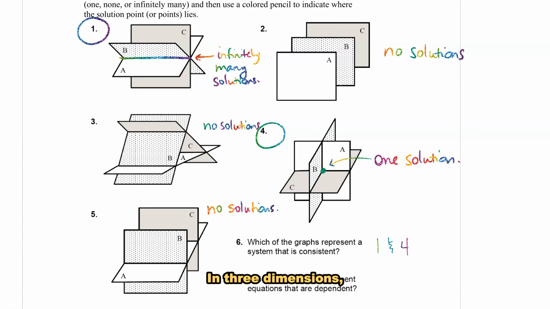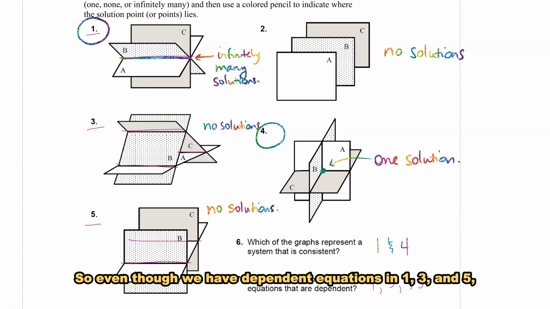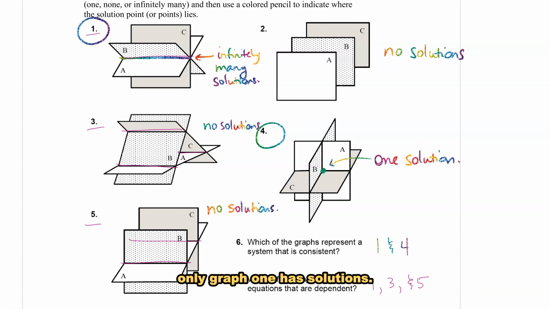In 3 dimensions, dependent equations are planes that'll intersect in a whole line. So 1, 3, and 5 have that situation where the planes are intersecting in lines. So even though we have dependent equations in 1, 3, and 5, only graph 1 has solutions.